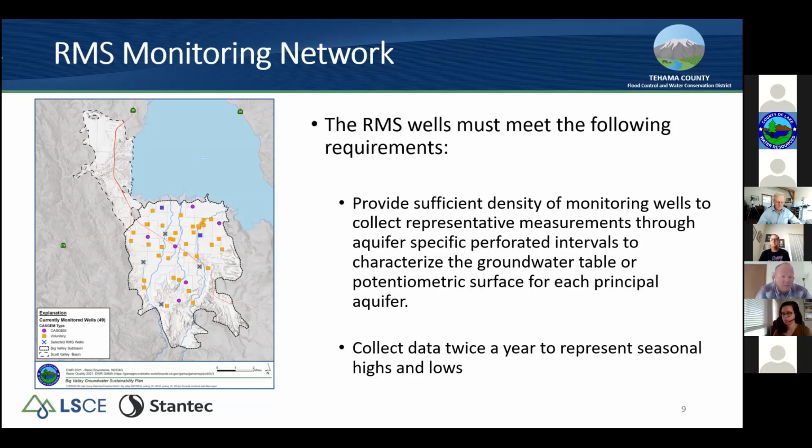And so my hope is we can get some agreement on the number of wells and the actual location of those wells by next Friday. That's my hope. But again, this is your plan. You guys are in charge. You just let me know what you feel comfortable with, but we can't finish the SMC chapter until we've selected the RMS wells.